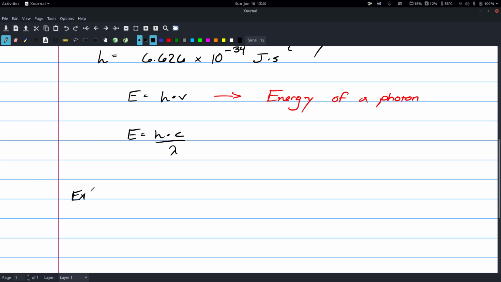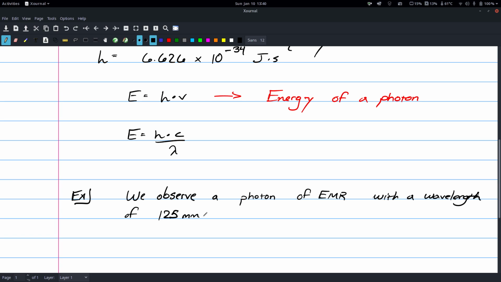Very easy one. So, we observe a photon of EMR, electromagnetic radiation, with a wavelength of, I don't know, I'm just going to make a number up, 125 millimeters.